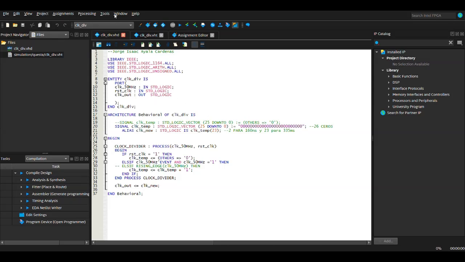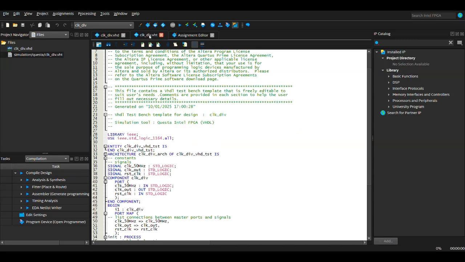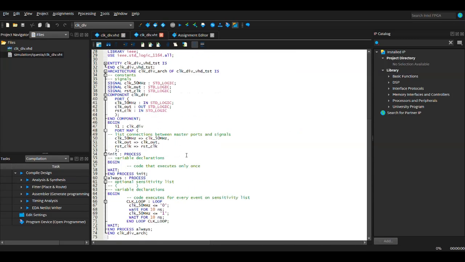So let's go to the test bench. In the test bench file, we simulated the clock behavior. The simulation generates the input signal clock 50 MHz, switching between 0 and 1 every 10 nanoseconds, creating a 20 nanosecond period, that's the 50 MHz clock.